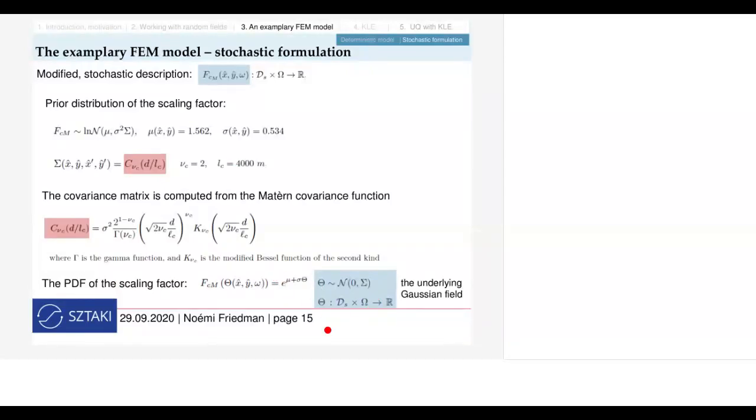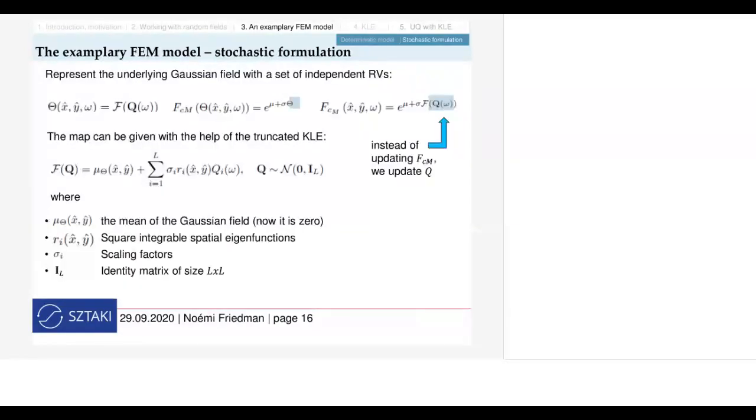And here in the exponential, you have a Gaussian random variable. Okay, and now this is not a random variable, it's a Gaussian field. Now this Gaussian field, I don't know what to do with it because it's infinite dimensional.